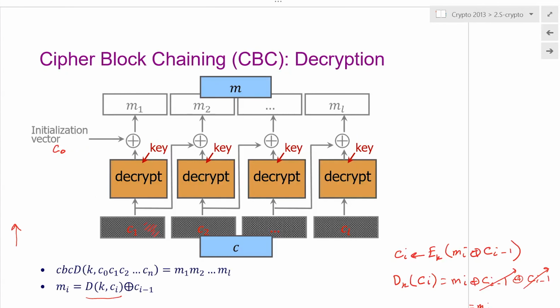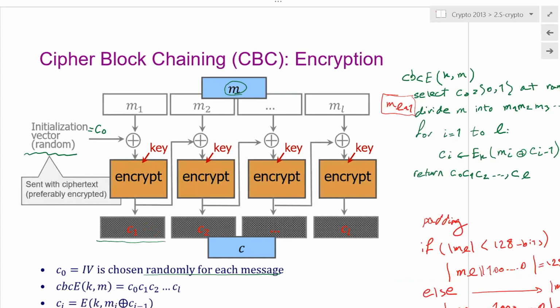Let me go back and say M1 and M2 are equal to each other. Let's see what happens. M1 would get randomized with this initialization vector. We XOR it, then we encrypt that, and it would create the corresponding C1.